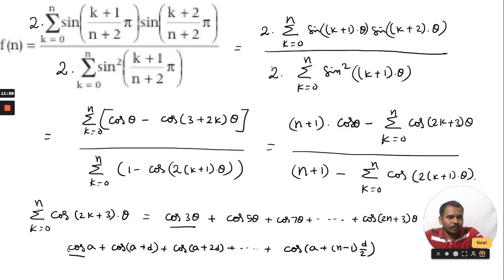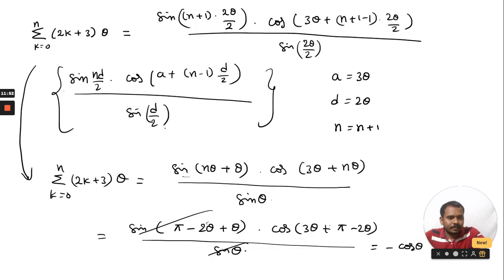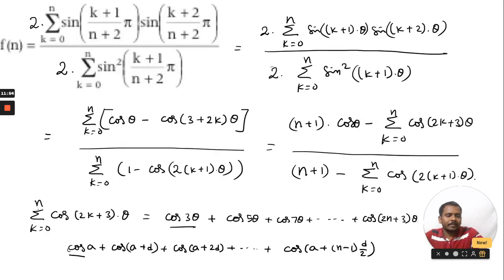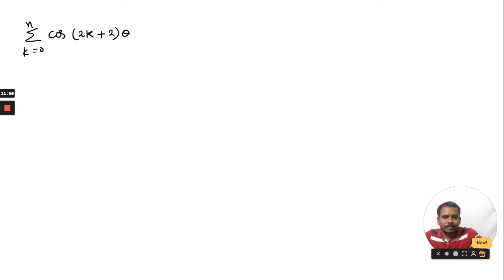Similarly, on expanding the denominator, what do we have in the denominator? We have k equal to 0 to n cos (2k plus 2) theta.